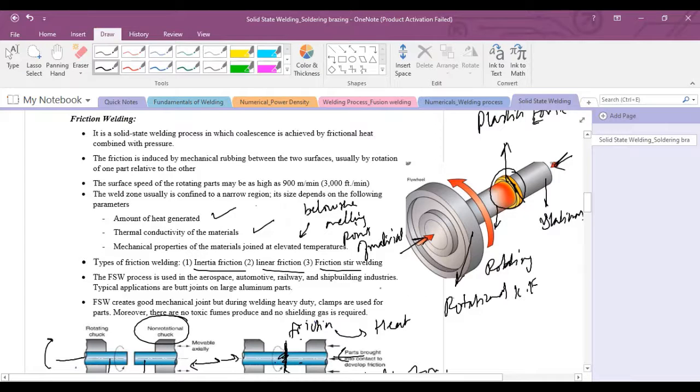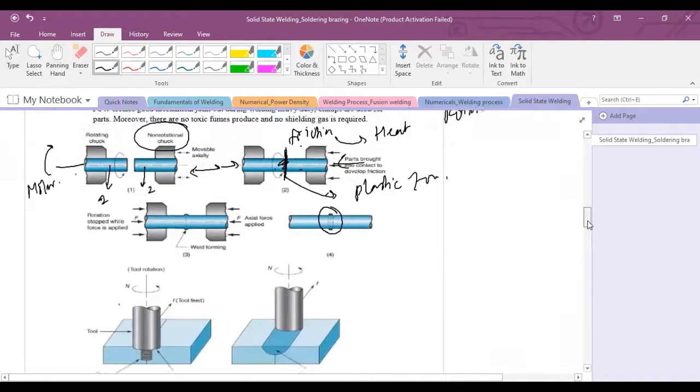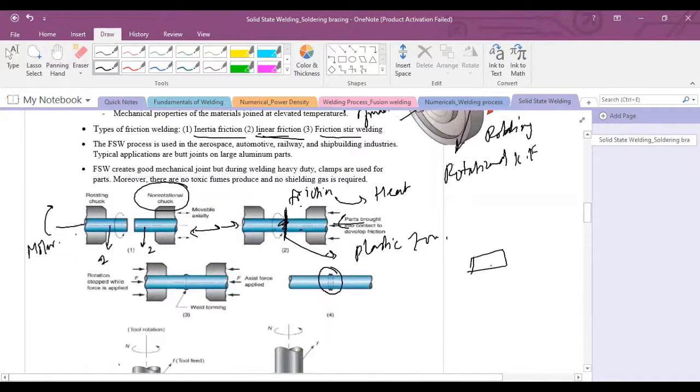In linear friction welding, there is one reciprocating part instead of a rotating part. This part will move upward and downward. The stationary part is brought into contact with this reciprocating part. Due to this reciprocating motion, frictional heat will produce, and that frictional heat will be responsible to bring this interface into the plastic zone.